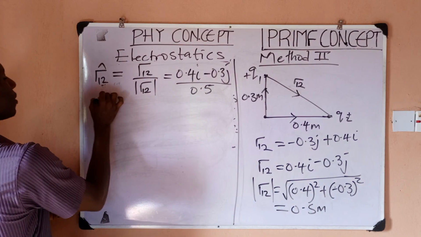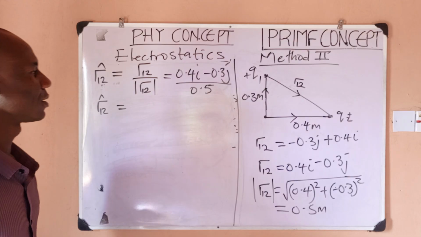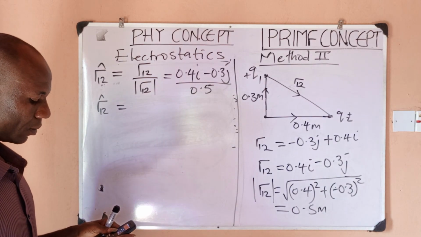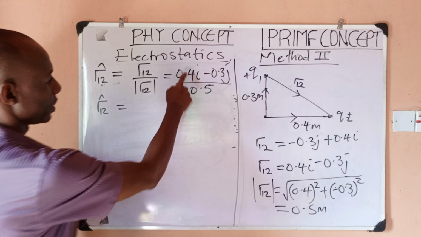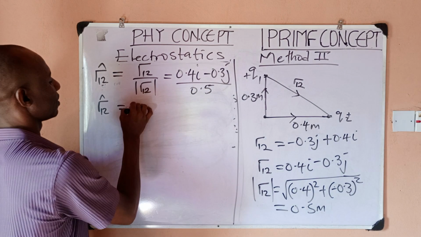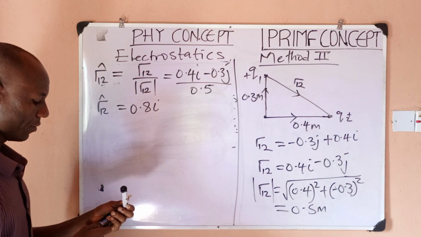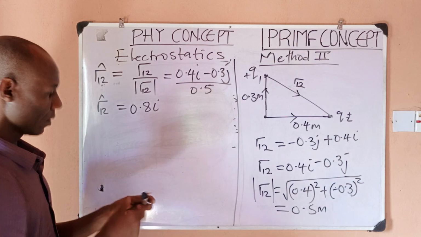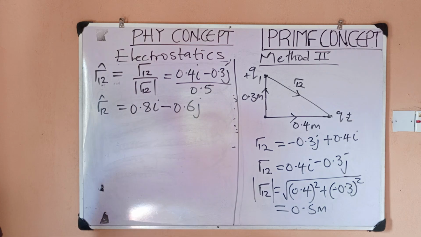If I solve this, 0.4 divided by 0.5 gives me 0.8i, and 0.3 divided by 0.5 will give me 0.6j. So this is my unit vector.